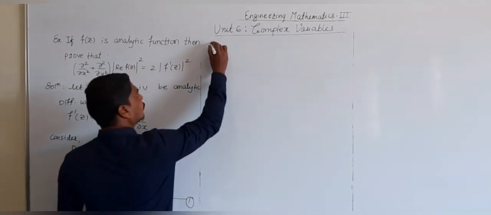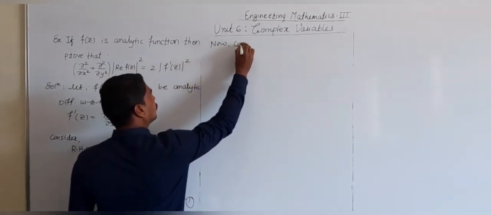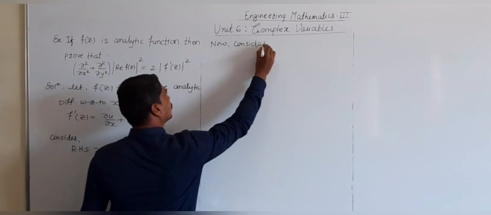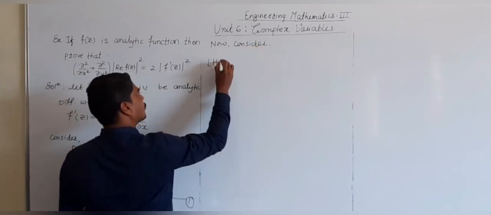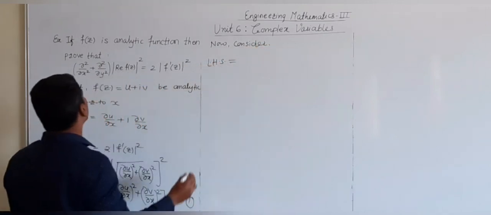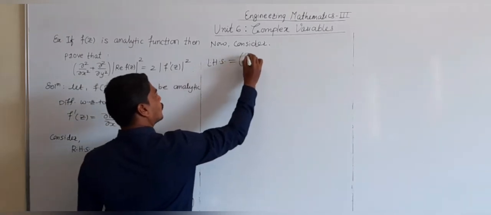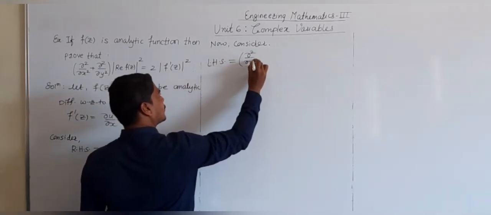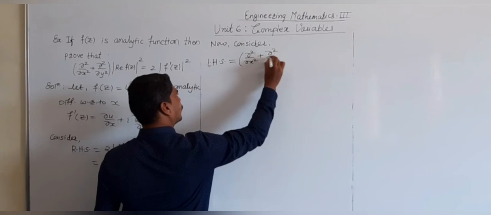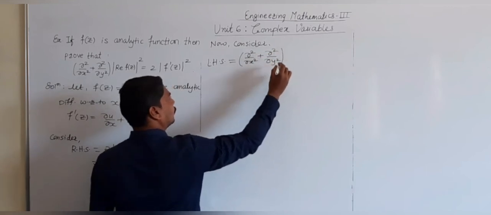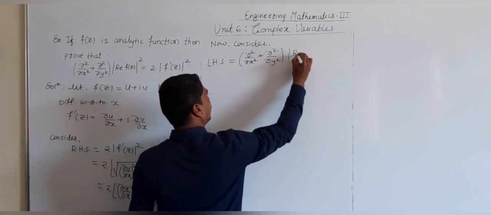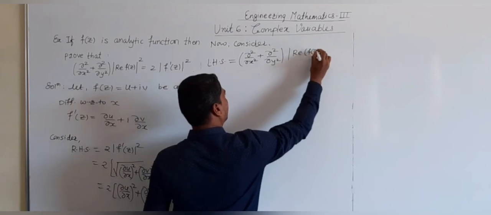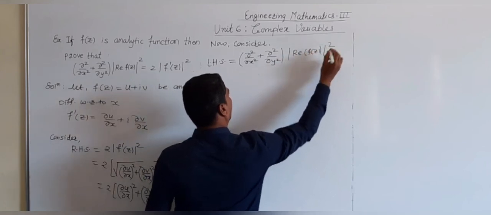Now consider LHS. So LHS is equal to the second derivative with respect to x plus the second derivative with respect to y of the modulus of the real part of f(z), its square.